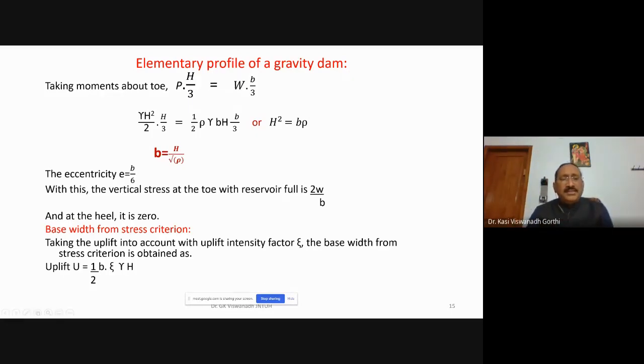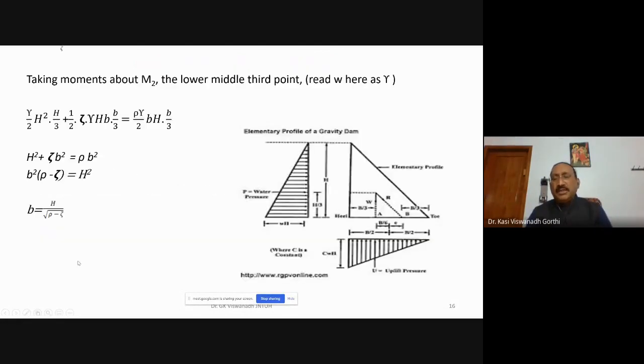So gamma h, and it extends for a distance of b. So half of b into gamma h, multiplied by the uplift intensity factor zeta. So half of b into zeta into gamma h will be the total uplift. It acts vertically upward at a distance of 2/3 from the toe, or 1/3 from the heel. You can see here, this is the uplift pressure diagram.